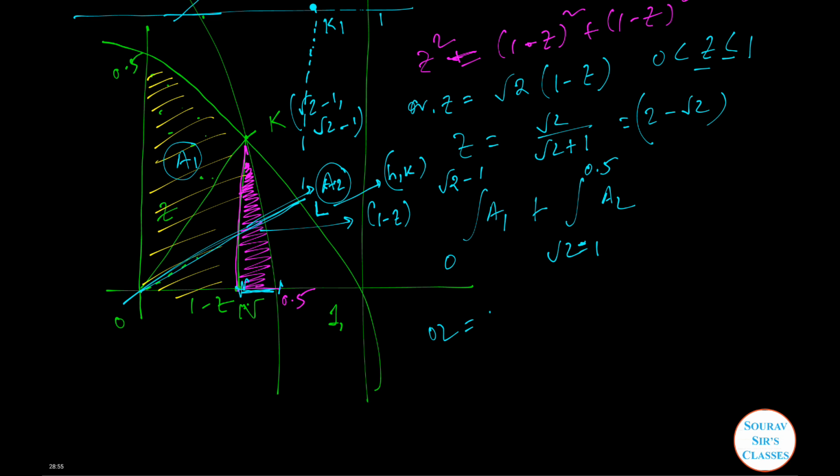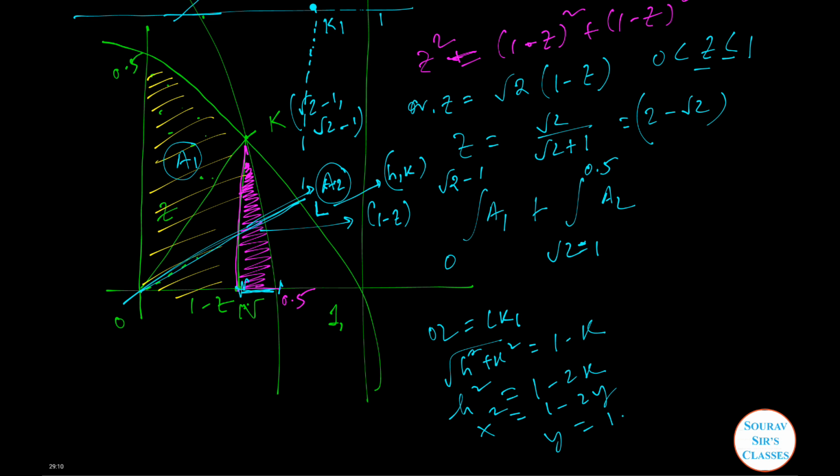So here OL equals LK1, and just by the Pythagorean structure we can write this is 1 minus K, because the full is K, 1 minus 2K. So replacing with x and y, 1 minus 2y, so y we needed, so 1 minus x squared by 2.